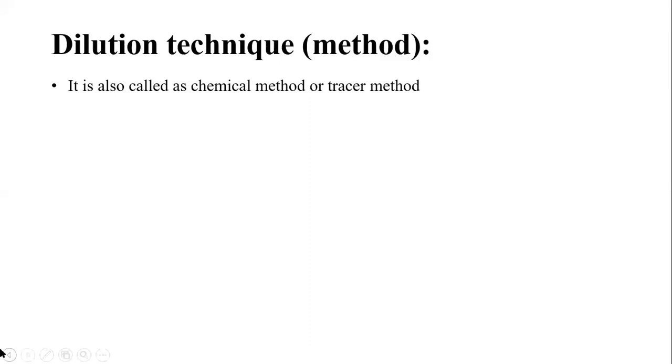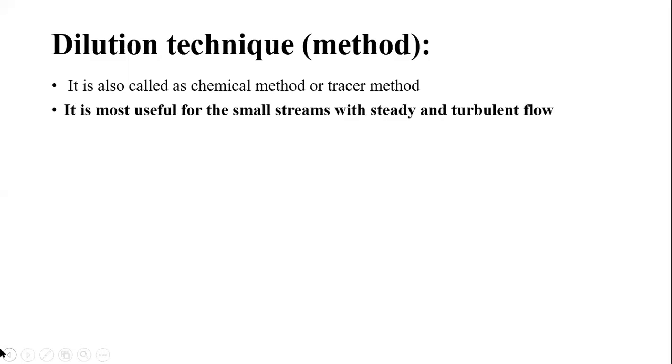So how do we calculate the discharge passing through the stream by using tracers or various chemicals? It is implemented from one of the sections. For example, I would like to go to the board so that you will get the idea.